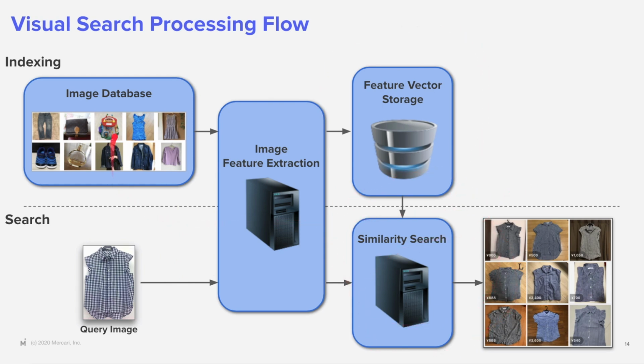In the index phase, images are transformed into feature vectors and they are stored in the storage. In the search phase, a query image is transformed into a feature vector and top K similar vectors are retrieved, comparing the query feature vector and the database feature vectors.